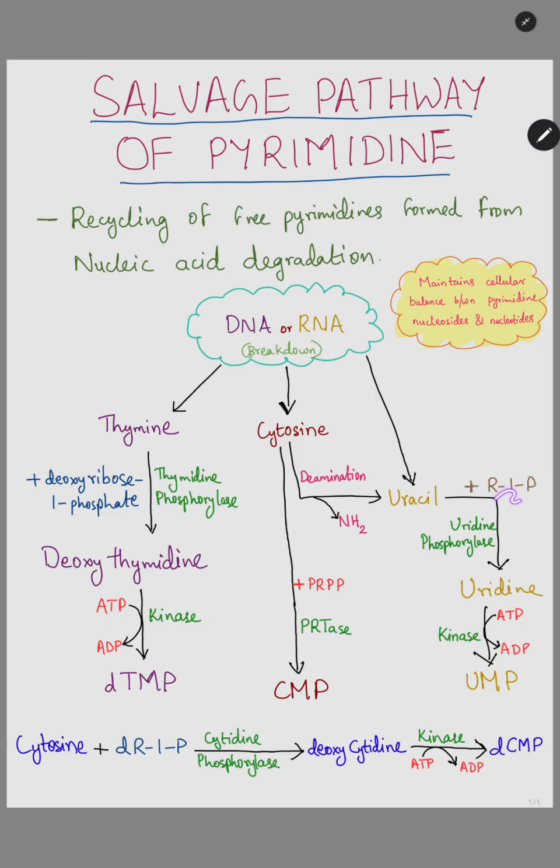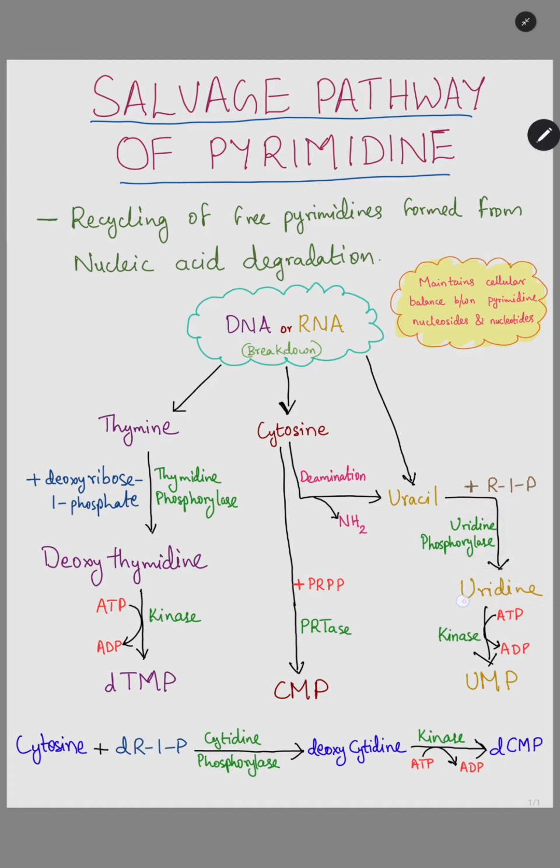The sugar is ribose 1-phosphate, because it is RNA, so there won't be any deoxy. So uracil plus ribose 1-phosphate in presence of uridine phosphorylase becomes uridine.